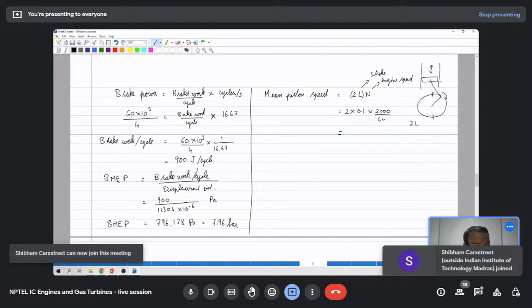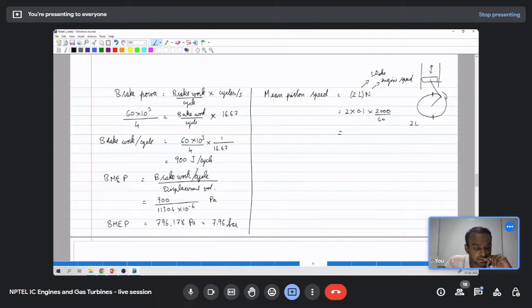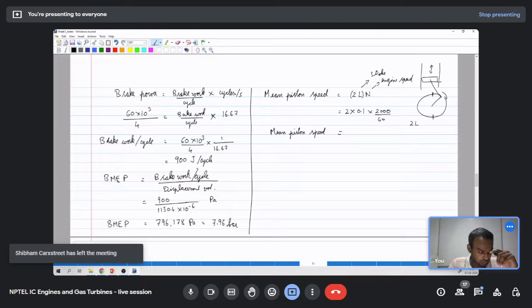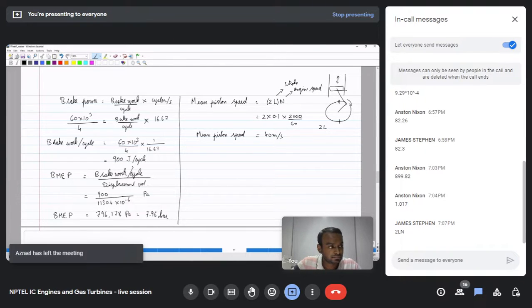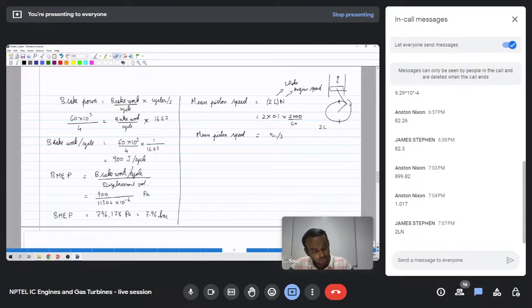So what is the mean piston speed? 40 by 6. Just wait a while. 6.67.